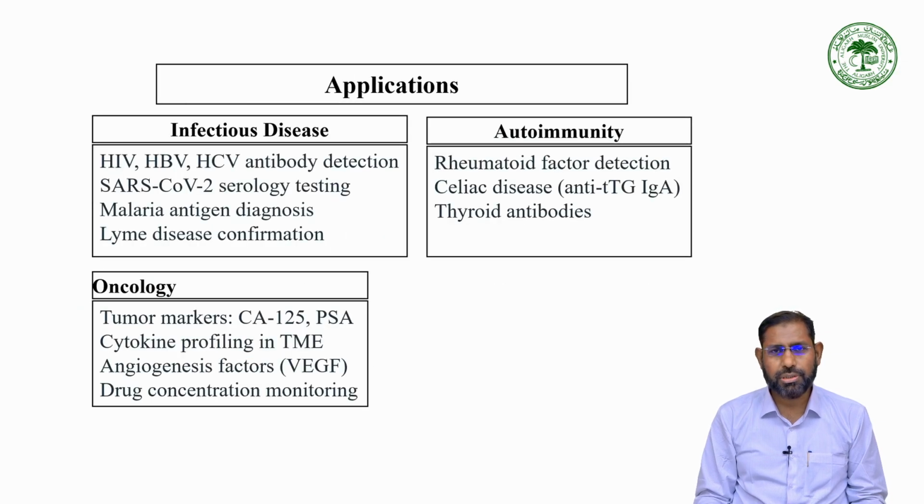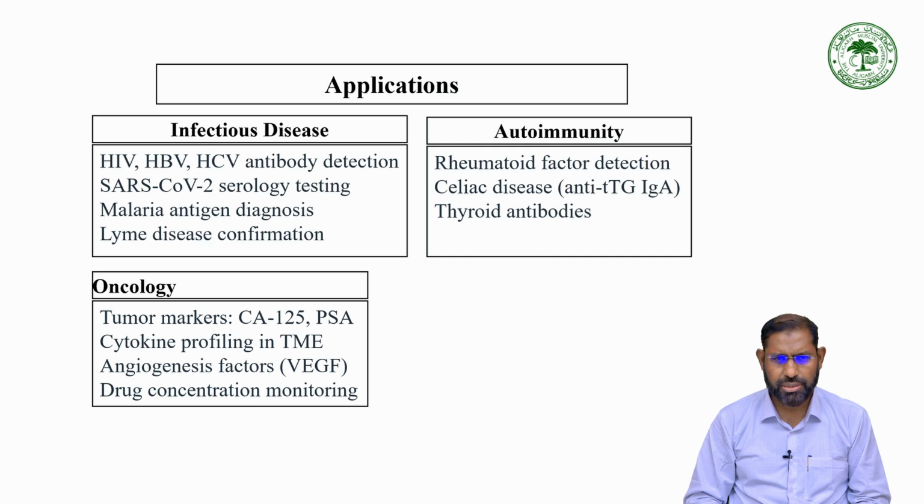What are the applications of ELISA? In the case of infectious disease diagnosis, we use ELISA a lot for HIV antibody detection, human immunodeficiency virus, HBV or HCV antibody detection.